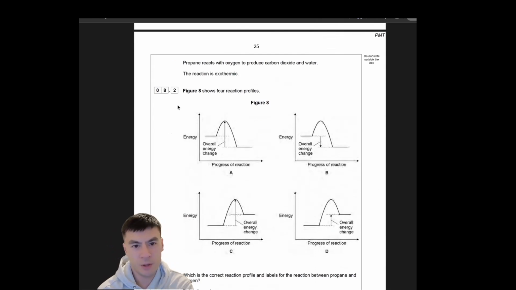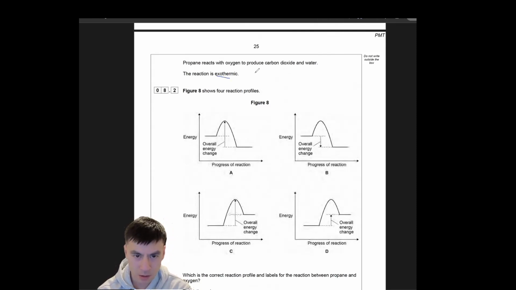Okay, propane reacts with oxygen to produce CO2 and water. The reaction is exothermic. Figure 8 shows 4 reaction profiles, A, B, C, D. Which is the correct reaction profile and labels for the reaction between propane and oxygen? They already said the whole reaction is exothermic.